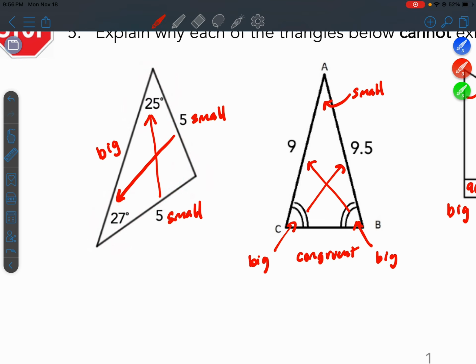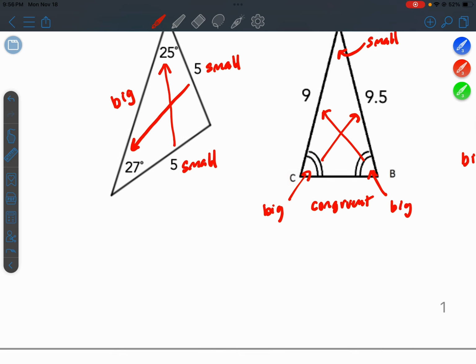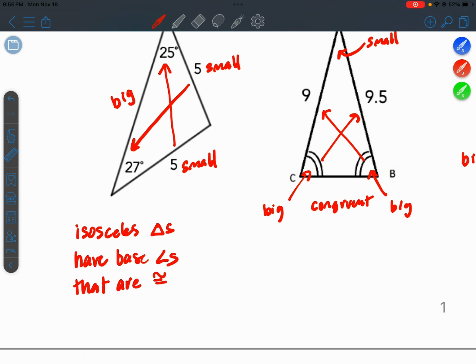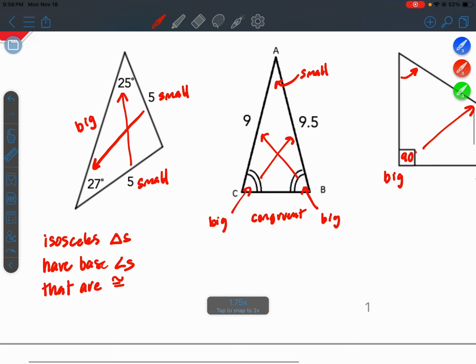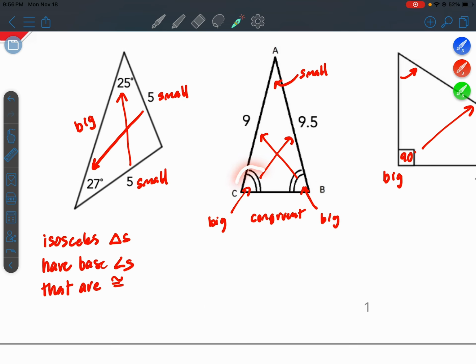So we'll make a note here in red: isosceles triangles have base angles that are congruent. And using the reverse logic, if you have a triangle where the base angles are congruent, then it should be an isosceles triangle. The 2 sides should be the same length.